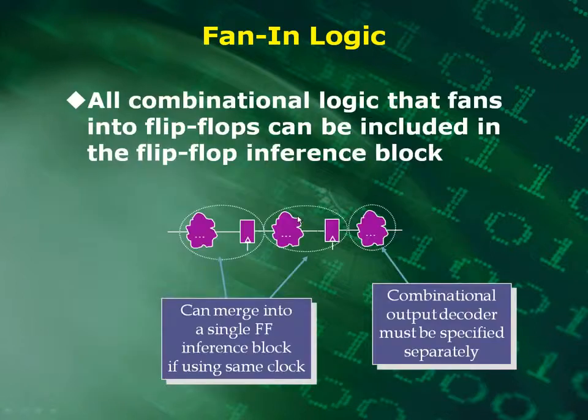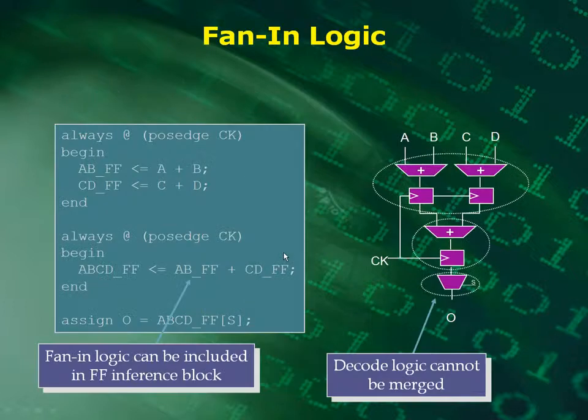Like I said previously, you can merge this combinational logic and the flip-flops into a single flip-flop inference block. So let's look at how we could do that. You can just put it directly in here. You could say the AB flip-flop is equal to A plus B and the CD flip-flop is C plus D. So that infers this whole piece here.